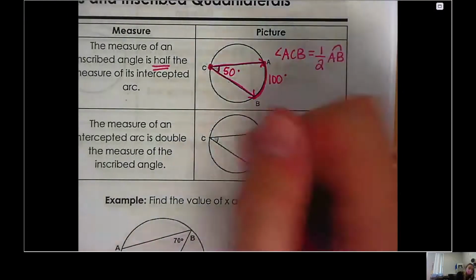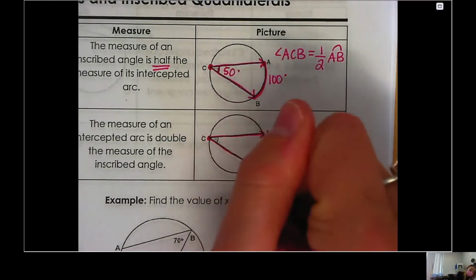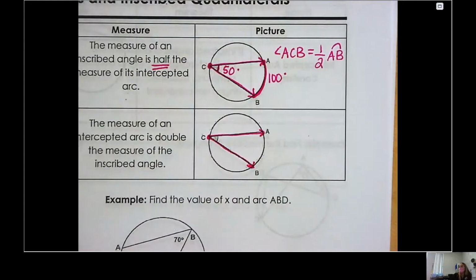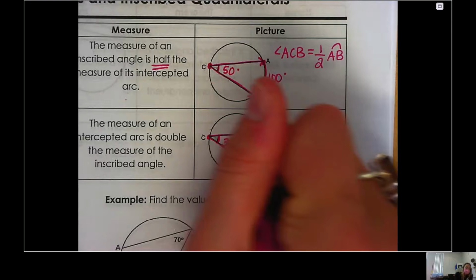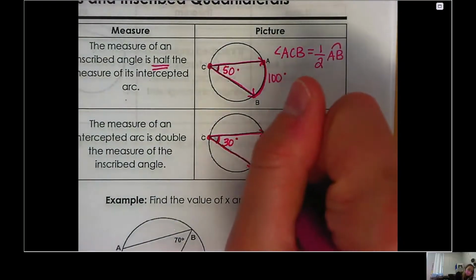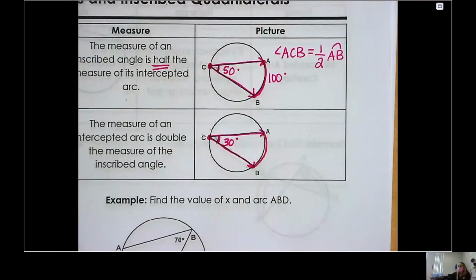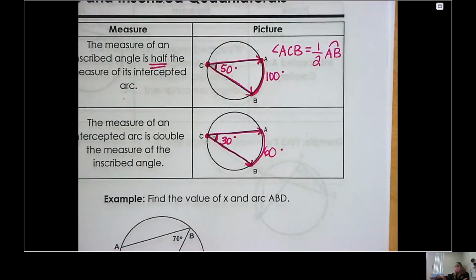In this picture, I'm going to give you the angle measure. Let's say this angle this time is 30 degrees. What does that mean arc AB has to be? 60. You just double it. Exactly. And that's all that this definition says.